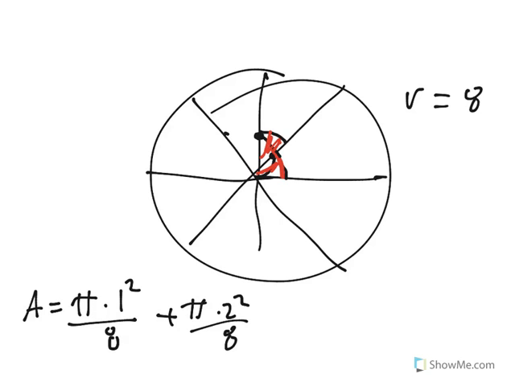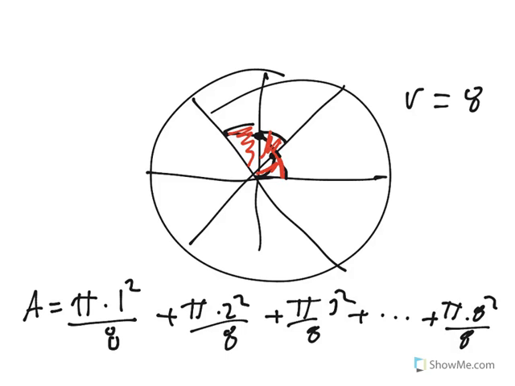The third one's here. And if I make my sector there, it would be plus pi times 3 squared over 8. And it would end at pi times 8 squared over 8 when I get to the very last sector. The last sector is actually this whole thing, even though the spiral's kind of going like that.